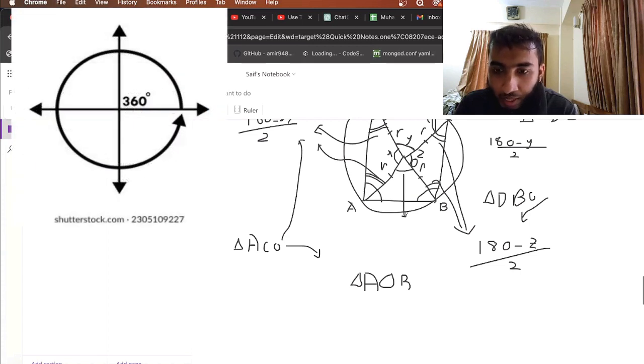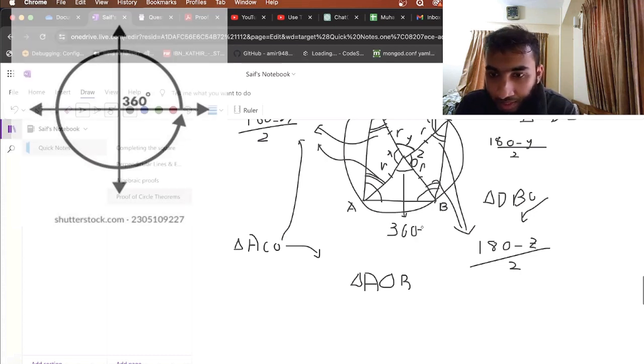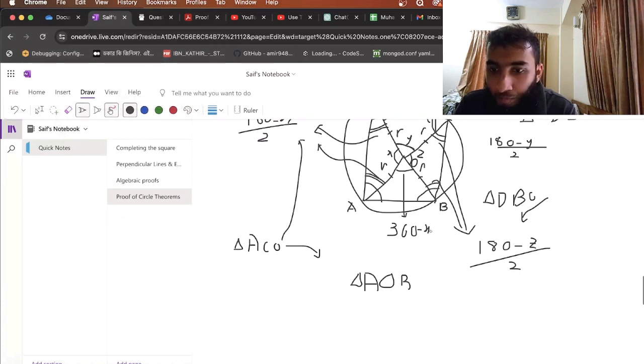This angle would be, because all of them sum up to 360, the last angle would be 360 minus x minus y minus z.